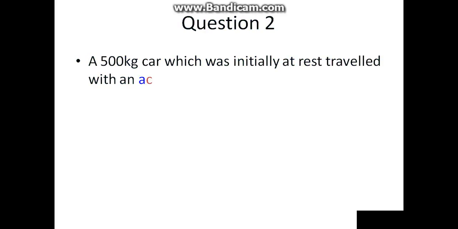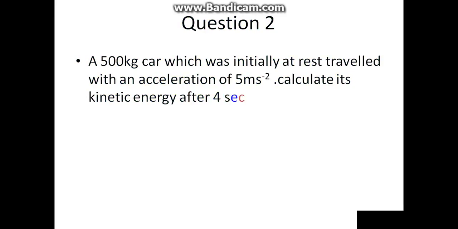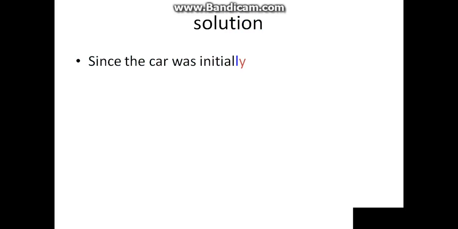Question 2. A 500 kilogram car which was initially at rest traveled with an acceleration of 5 meters per second squared. Calculate its kinetic energy after 4 seconds. Solution. Since the car was initially at rest, u is equal to 0. Acceleration a is equal to 5 meters per second squared and time t is equal to 4 seconds.